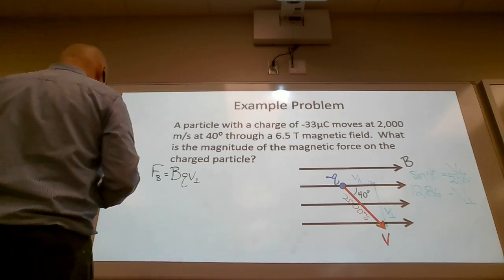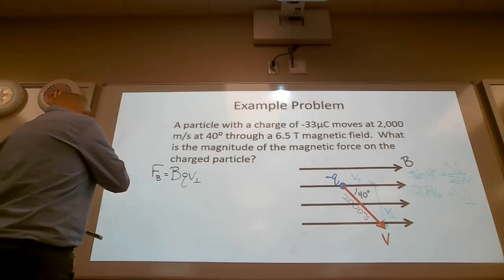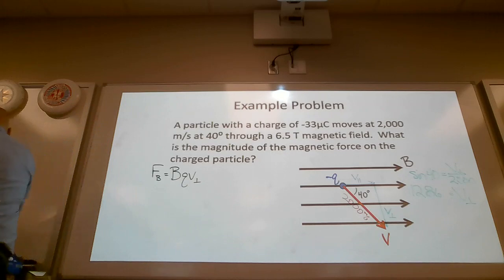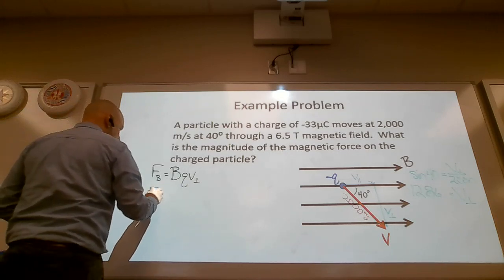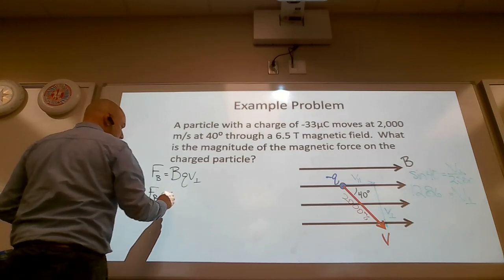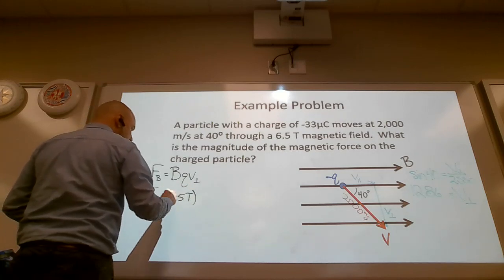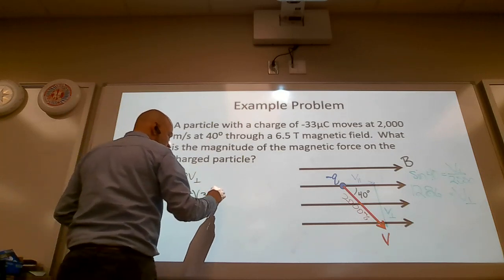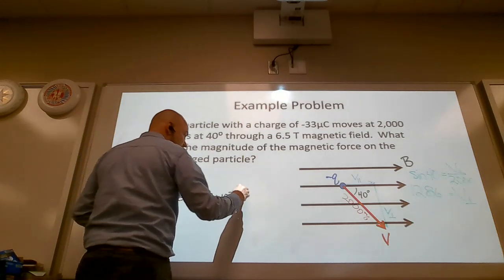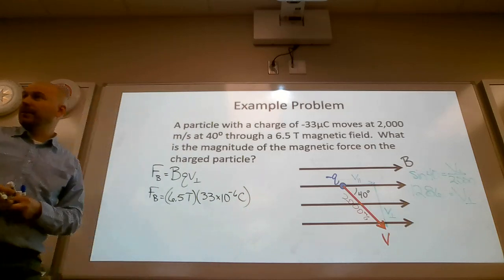Okay, so I've got magnetic force is equal to 6.5 Teslas times the charge of 33 microcoulombs, so times 10 to the negative 6th coulombs, still a thing.